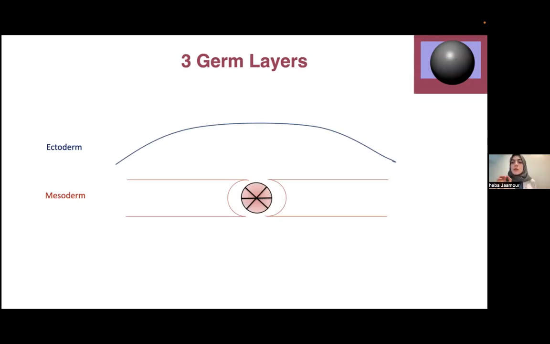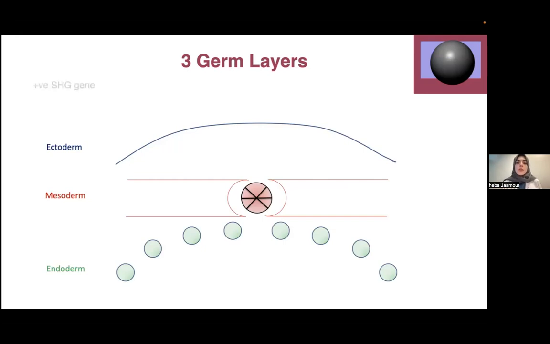This is what we call the notochord, and it basically serves as the axis of a human being, or of the ball of cells, actually. You can think of it like a vertebrae if you want, but it basically serves as the axis, the notochord, okay? And then finally, there's the endoderm, which is the inner cell layer, okay?